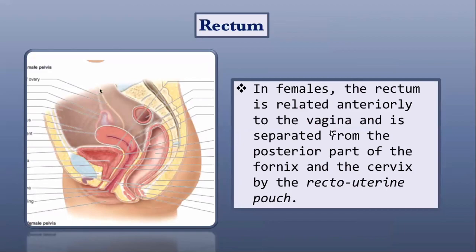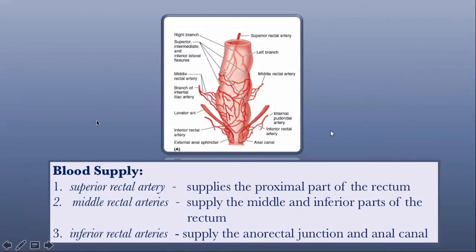Blood supply of your rectum would be coming from your superior rectal artery, which arises from your inferior mesenteric artery. Then your middle rectal artery, supplying the middle portion, would be coming from your internal iliac arteries, and your inferior rectal artery for the lowermost part of the rectum would be coming from your internal pudendal arteries.